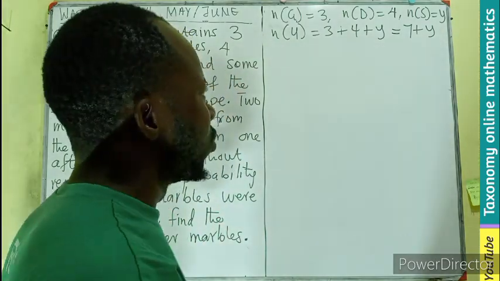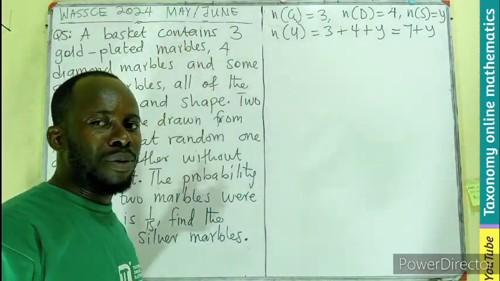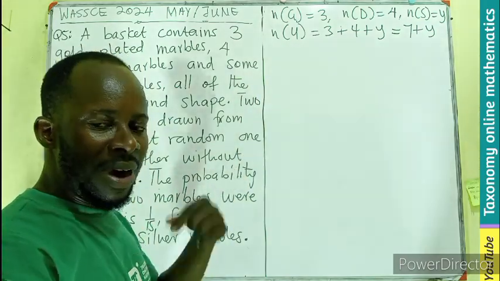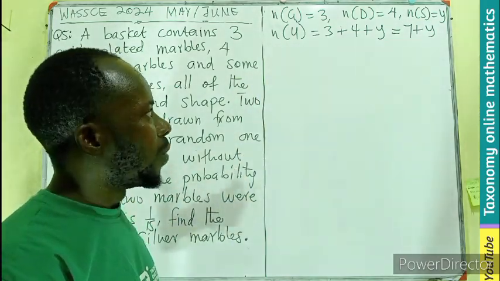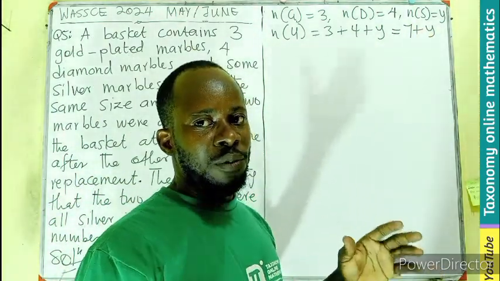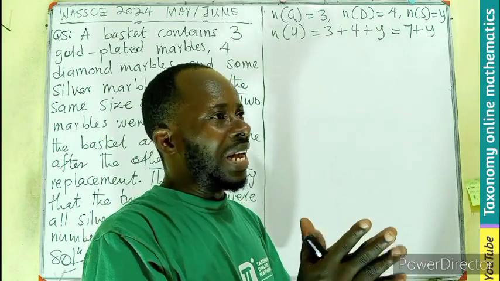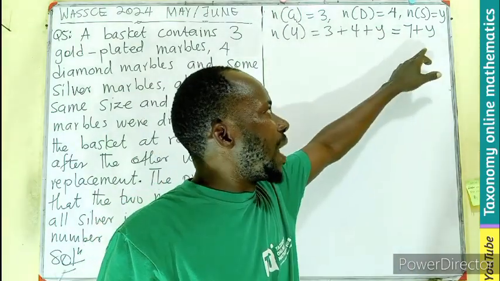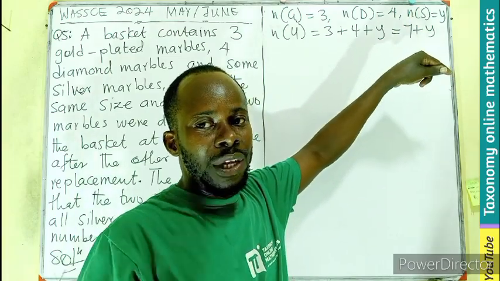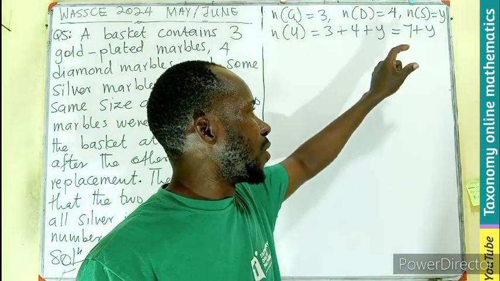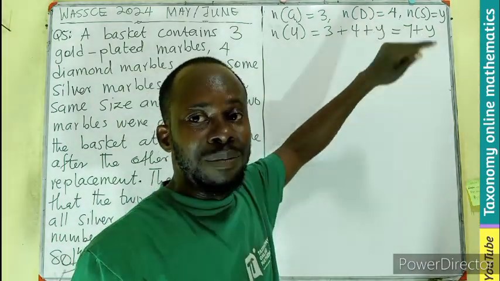If the first marble picked is silver, the probability is y divided by the total, 7 plus y. If we don't replace it, the total number of marbles will decrease, and the number of silver will also decrease by 1.